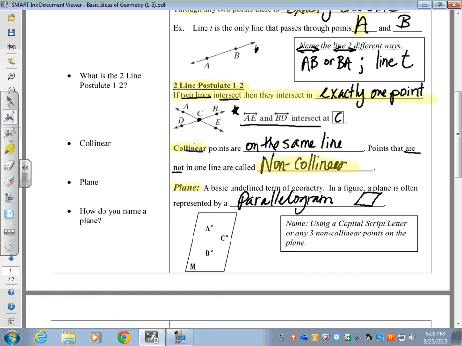When we're naming a plane, we're going to use a capital script letter or 3, and this is important right here, non-collinear points on the plane. So remember, what does it mean to be non-collinear? It means they're not on the same line. So notice that we have a slanted rectangle here, and we have this capital script letter over here.